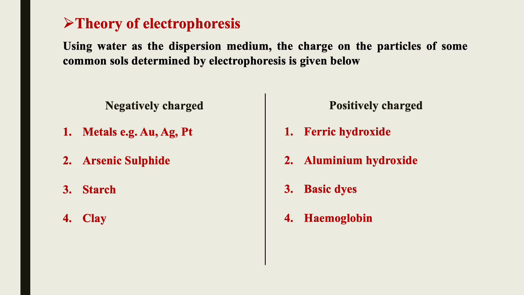They are also positively charged in the dispersion medium, water. If you apply the electric potential, positively charged particles will be attracted towards the negative electrode and negatively charged particles will be attracted to the positive electrode. So this is the basic difference.